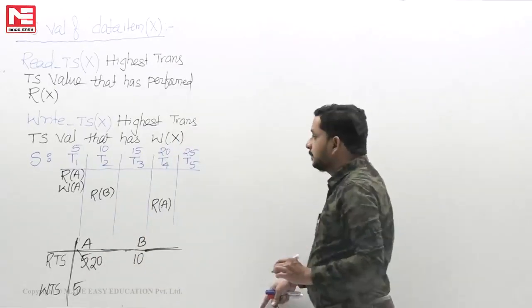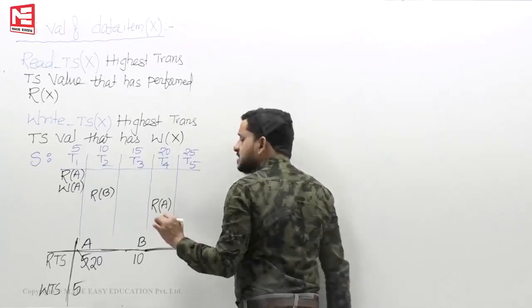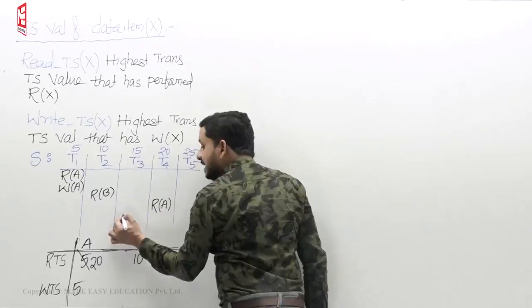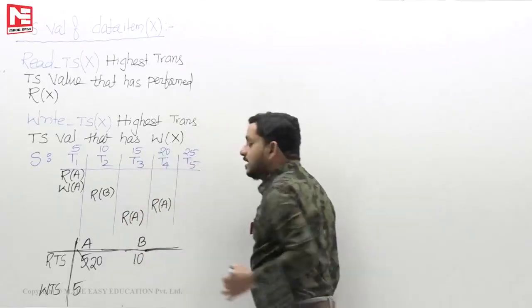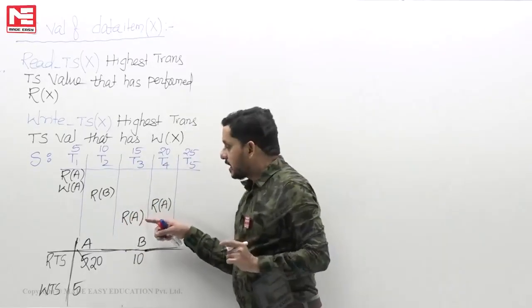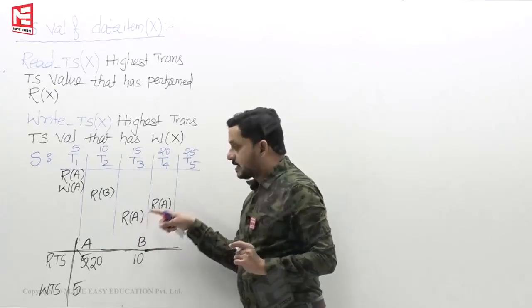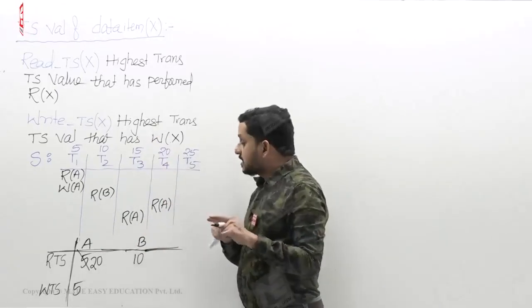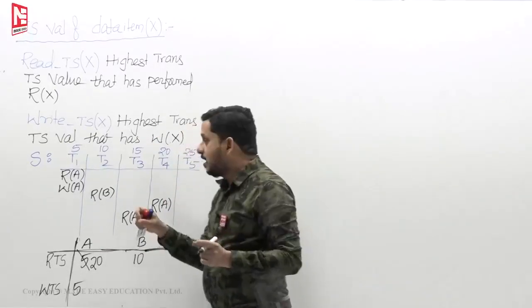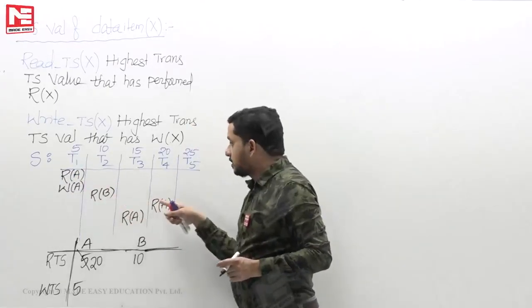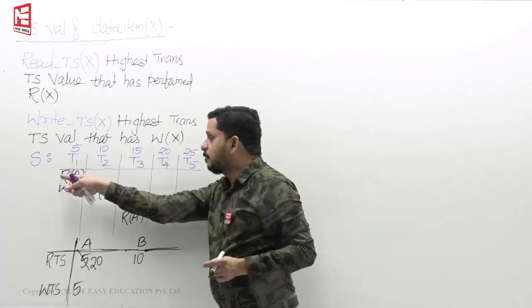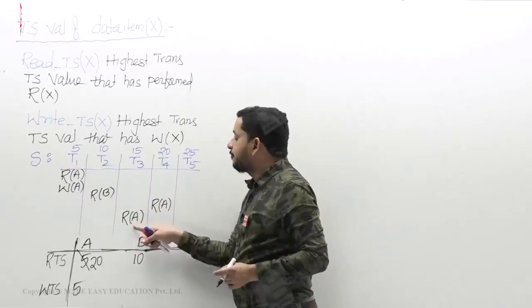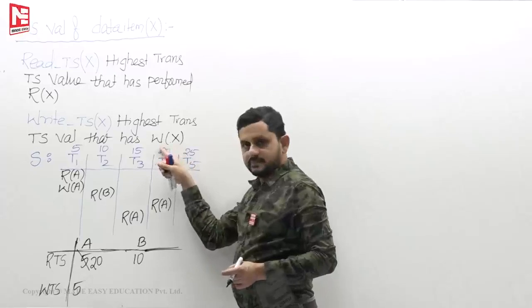Okay, clear this? If transaction T3 reads the data item A, listen carefully here. See, which transactions have already done the read of A? T1 done the read, T4 done the read, and T3 done the read. Timestamp values 5, 20, 15. Highest is 20.